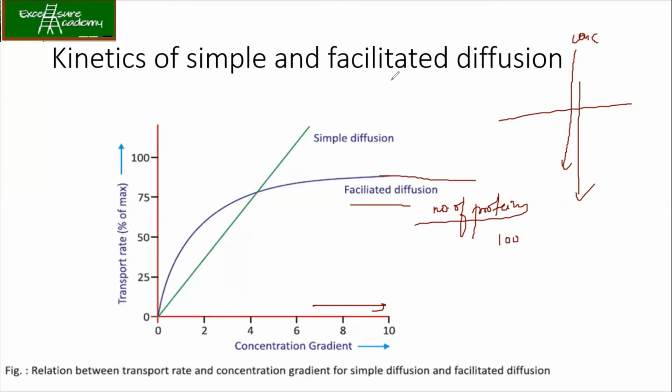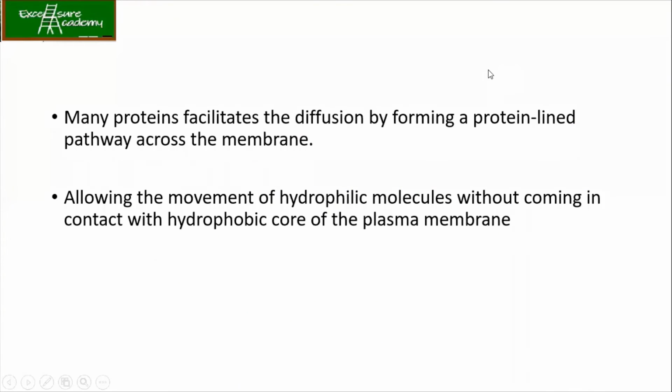Yes, good. Now, so many proteins facilitate the diffusion by forming a protein-lined pathway across the membrane, allowing the movement of hydrophilic molecules without coming in contact with the hydrophobic core of the plasma membrane. So what it is saying is that in the plasma membrane, when these integral proteins are there, right? अभी हमने जो mention किया, so they are actually alpha helices.